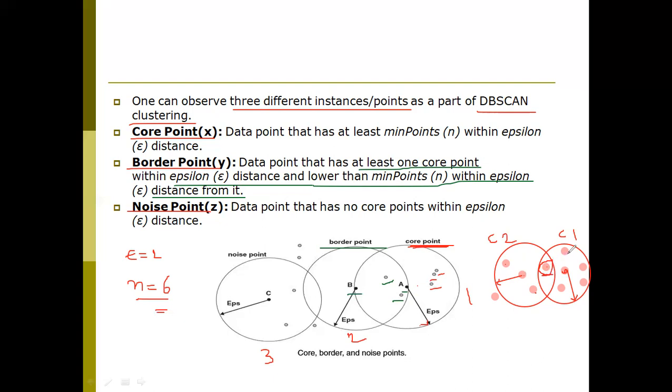C1 we have already identified as a core cluster. So C2 has one data point which belongs to a core cluster. Then only C2 may be called a border point or border cluster. Clear?